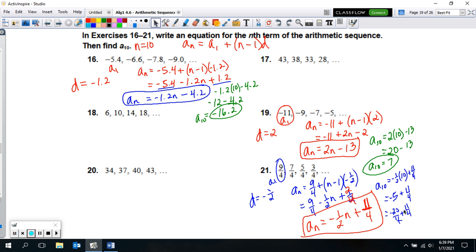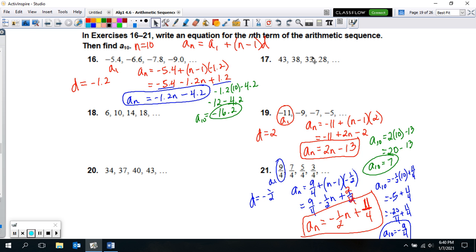And so if I now just combine the top numbers, negative 20 with positive 11, I'm going to take 11 away from 20. It's going to give me negative 9. So negative 9/4 is my 10th term. We want to keep it in improper fraction form just because that's what our sequences are in. Our 10th term needs to be an improper fraction.